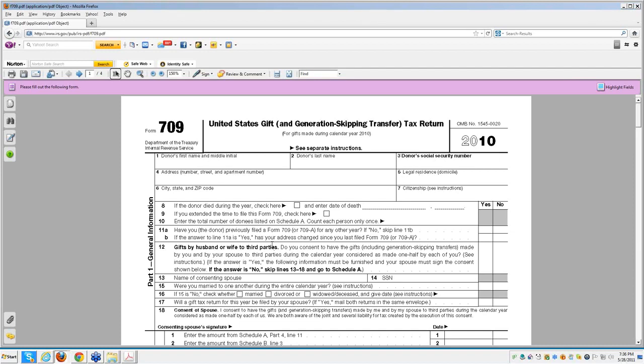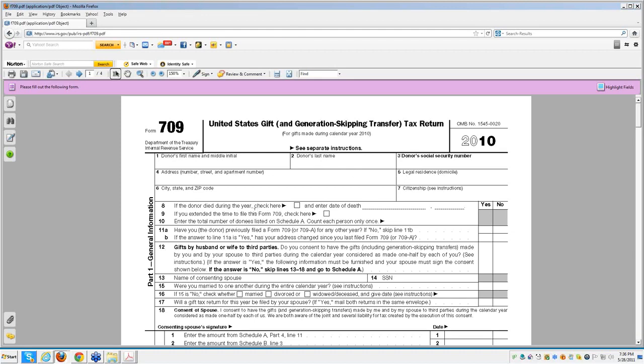Then you put your address here. Street address. Legal residence, domicile. What's the difference between address and legal residence? Legal residence is your domicile, where you're domiciled, or resident.